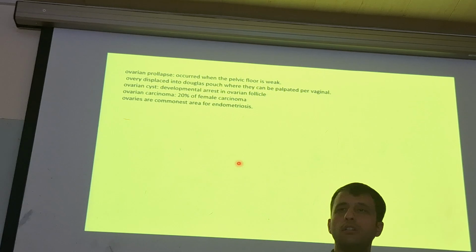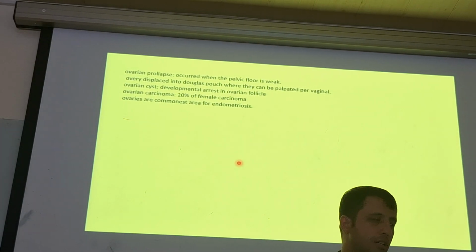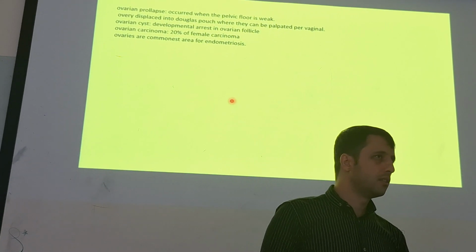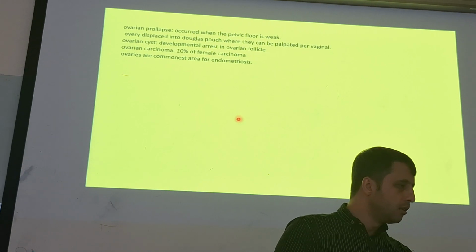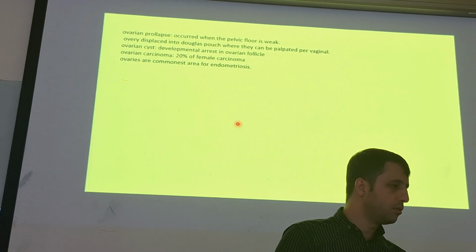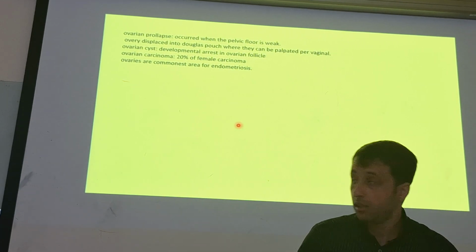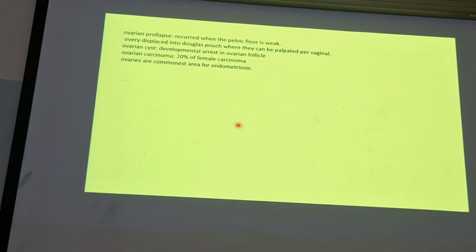Ovarian prolapse, as I said, occurs when the pelvic floor muscle is weak. The ovary can displace into the vaginal area, into the pouch. Look here, we have two pouches in this area.